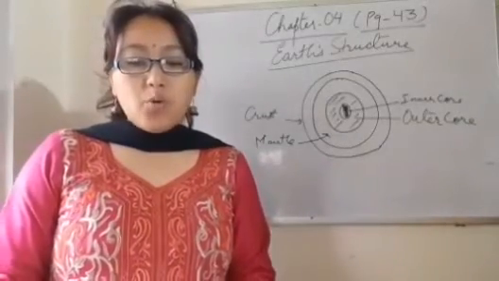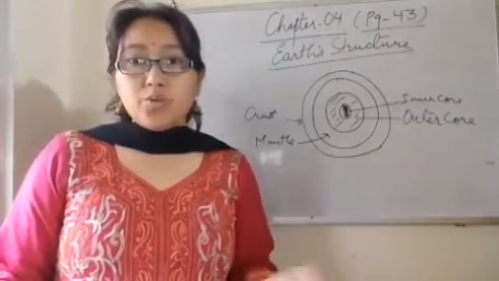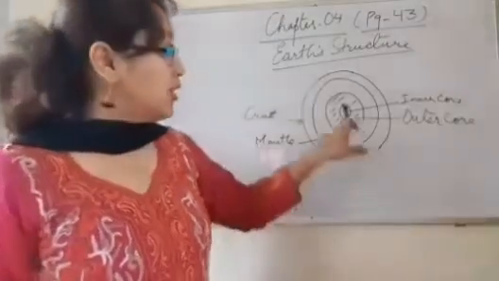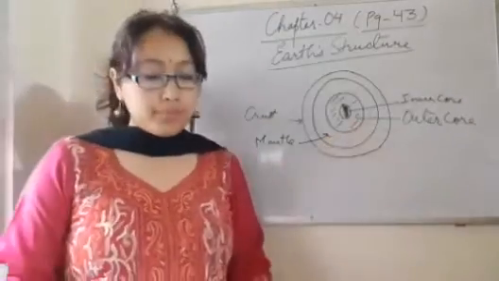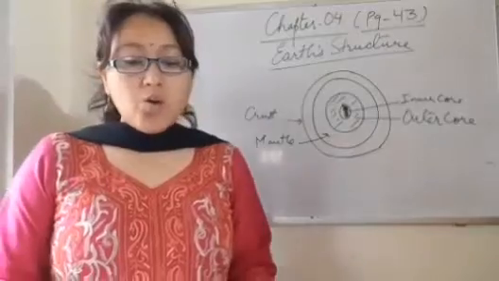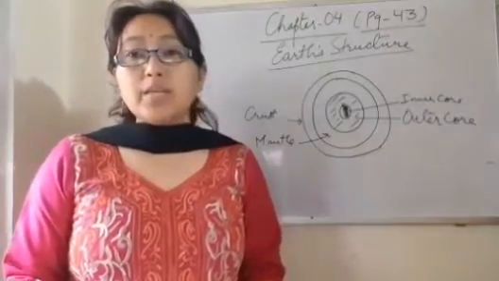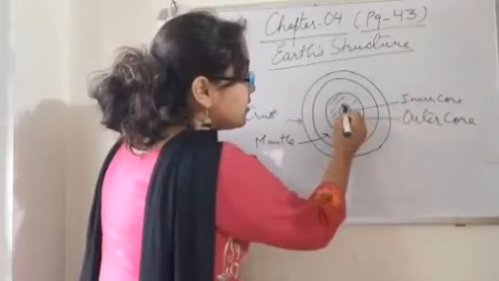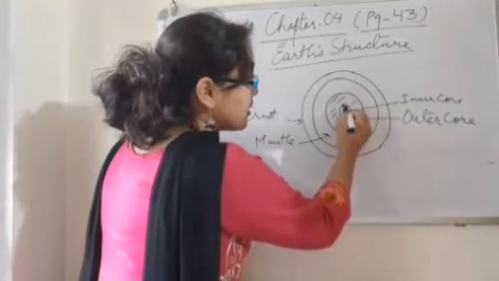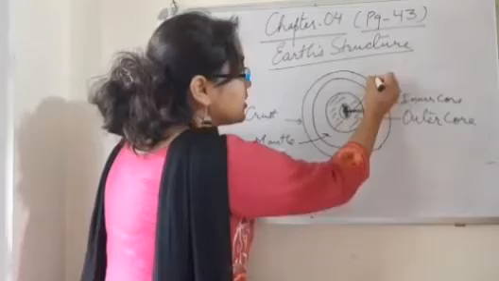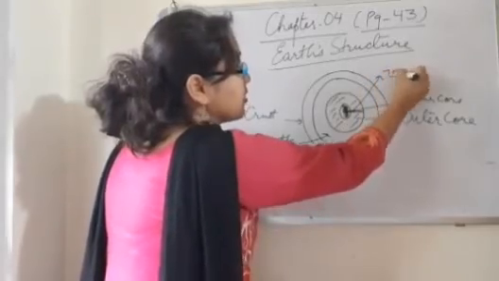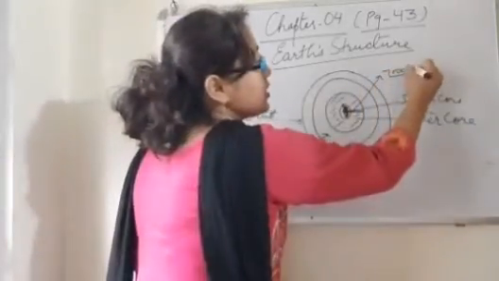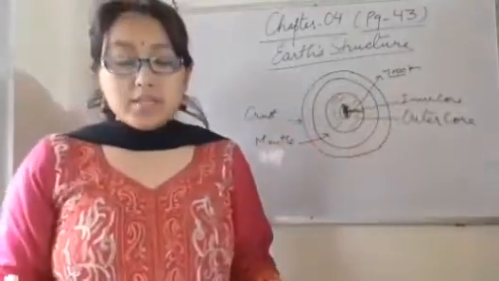The core is composed of two layers, as I told you, inner core and outer core. The entire core is about 7,000 kilometers in diameter.